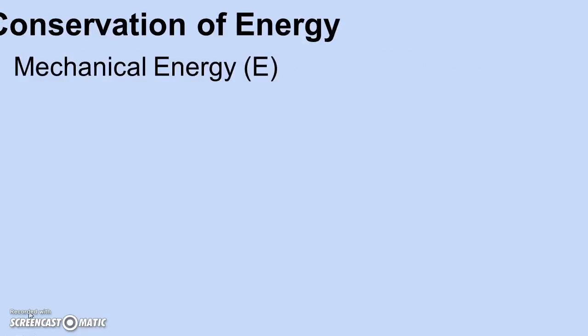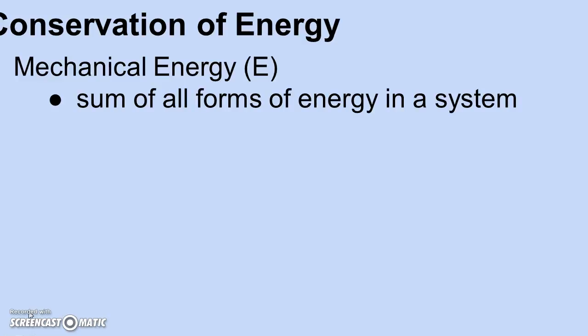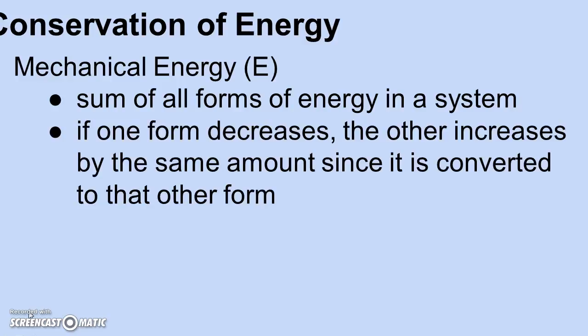So, conservation of energy, as it is a mechanical energy, we have just explored the pendulum. This is a mechanical system, and it maintains mechanical energy as it moves from kinetic to potential. It is the sum of all forms of energy in a system. The mechanical energy that this is referring to can be explained by the pendulum as it moves between its extremes.